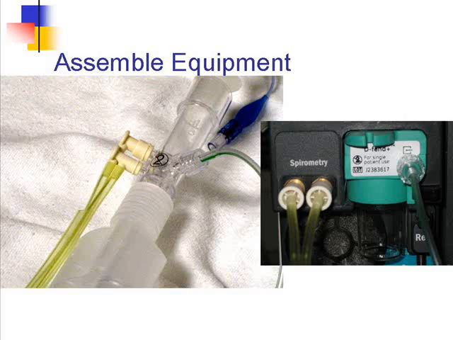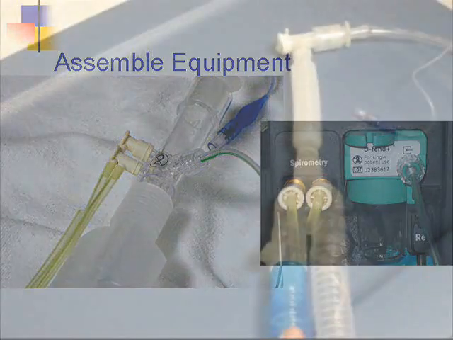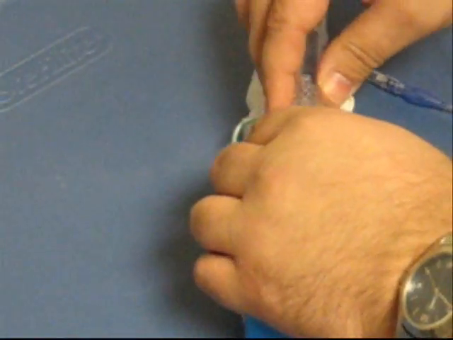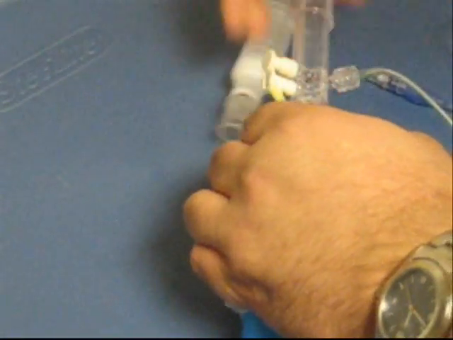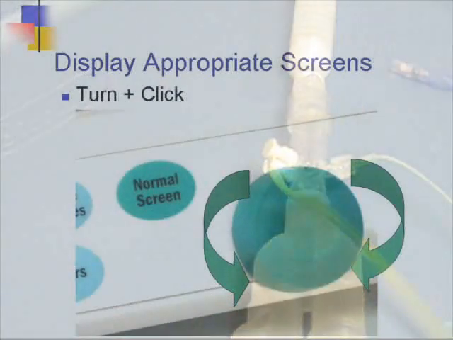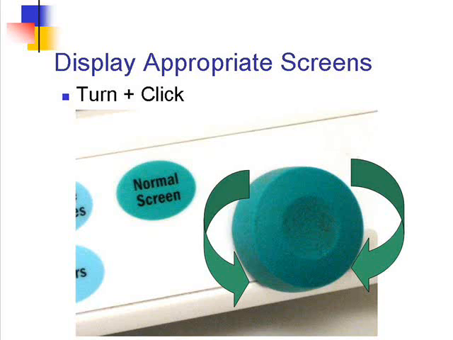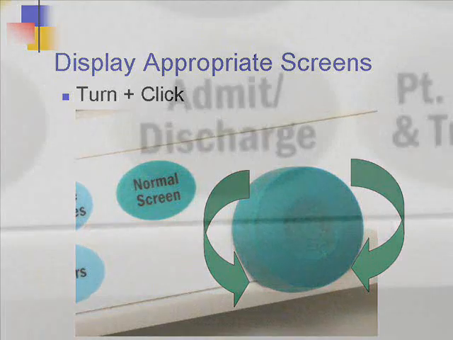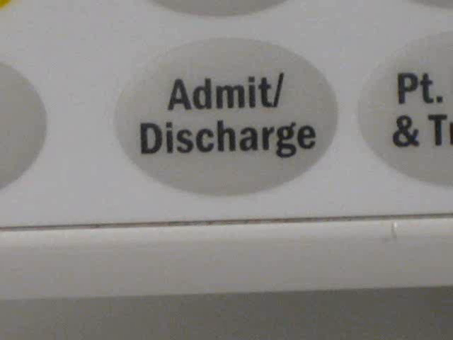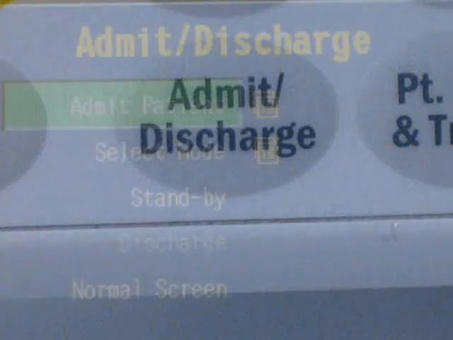Assemble the equipment according to the manufacturer's specifications. Place the Fleisch pneumotach in place at the patient end, noting how the spirometry lines go back towards the ventilator circuit. This monitor uses touch and turn or turn and click technology. You want to start by hitting the Admit Discharge button.